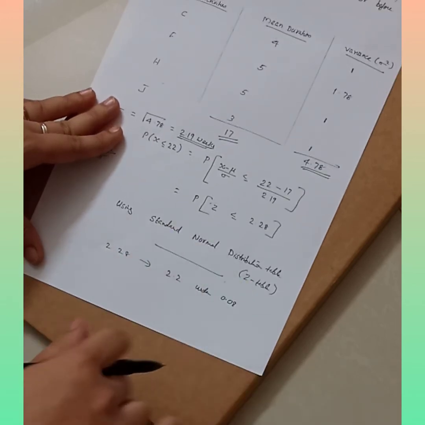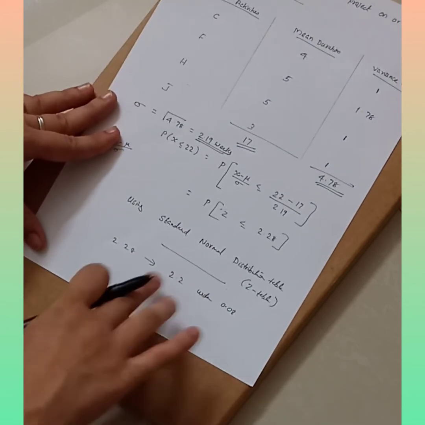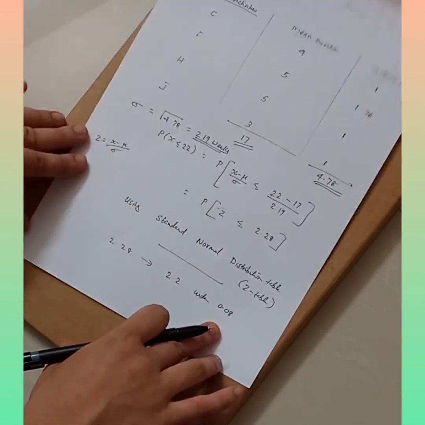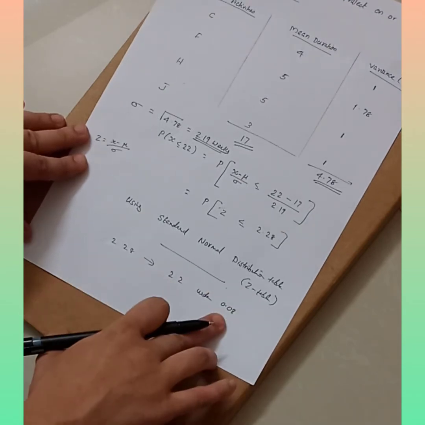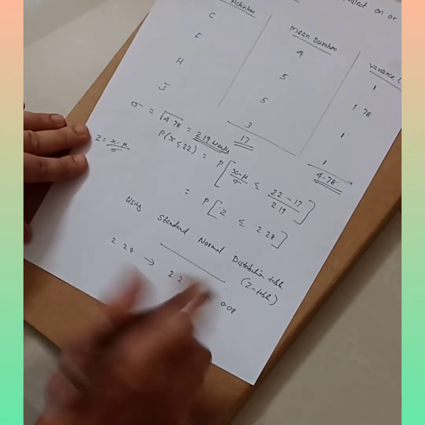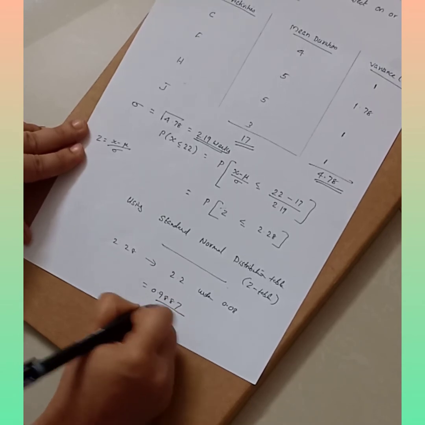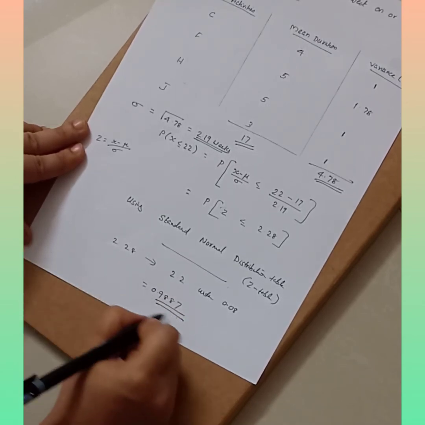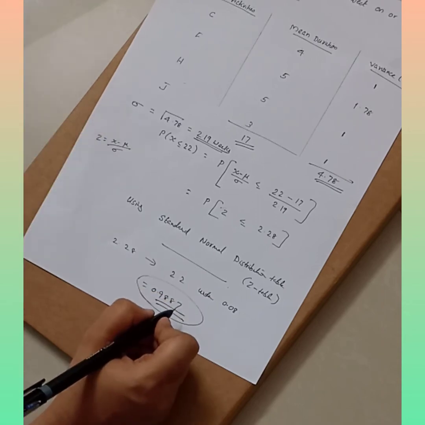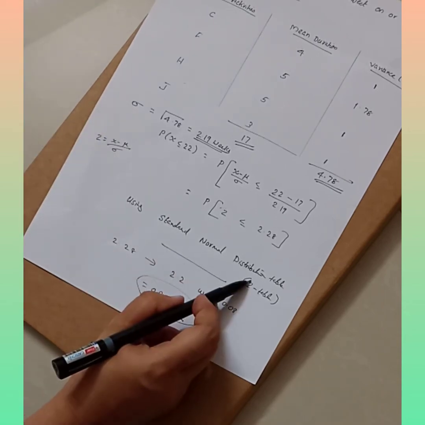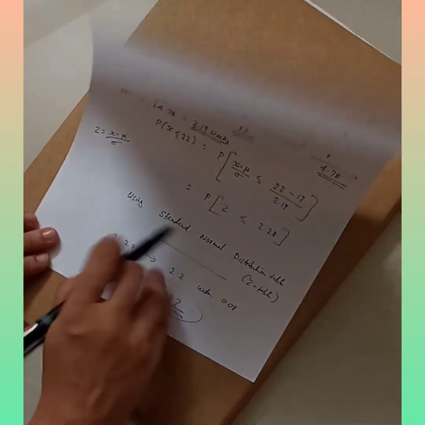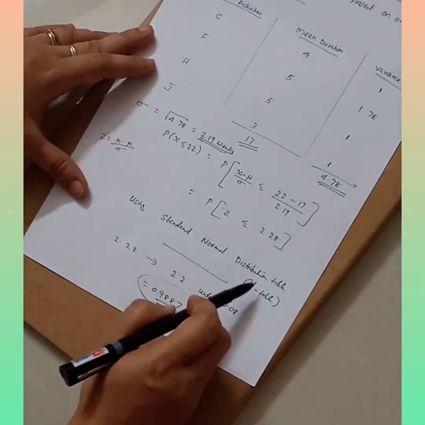That is how we look at the table. I don't have the table right now, so you can verify it using your Z table. The value of 2.2 under 0.08 will be 0.9887. So you get the value as 0.9887 using the normal distribution table, which you have to remember.